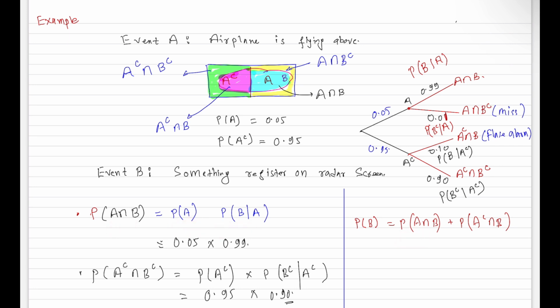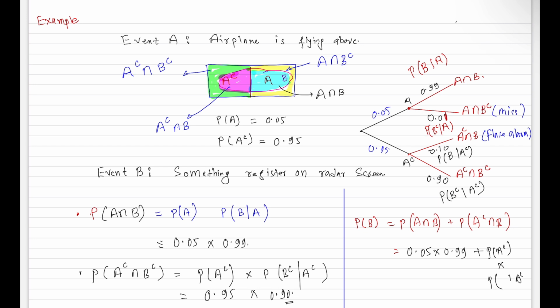So from here we can find the total probability of event B: 0.05 times 0.99 plus, what's the probability of this event? This is nothing but the first event has occurred times the conditional probability.